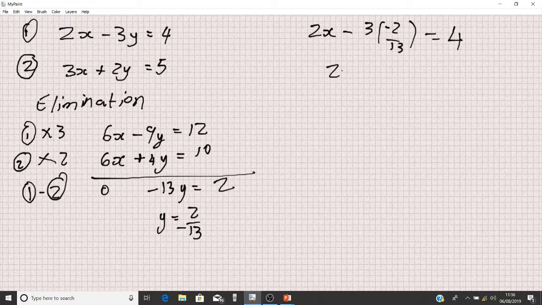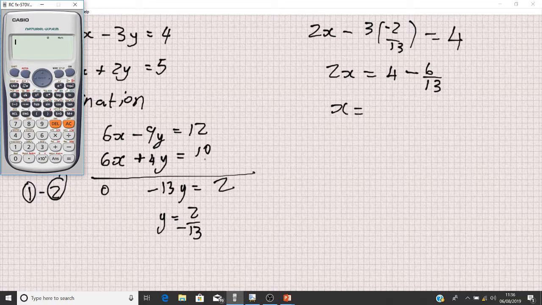So 2x equals 4 minus 6 over 13. And let's just bring up the calculator. Why not? So we will have 4 minus 6 over 13.